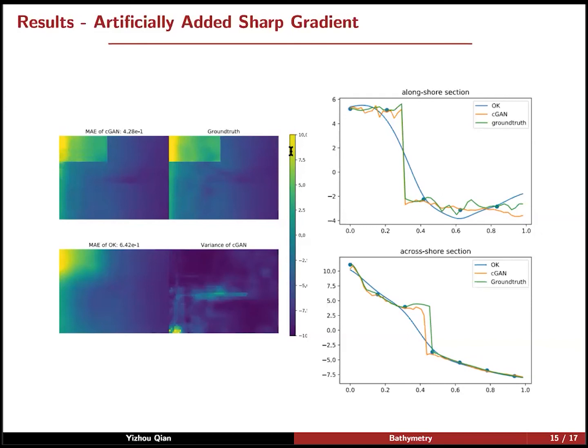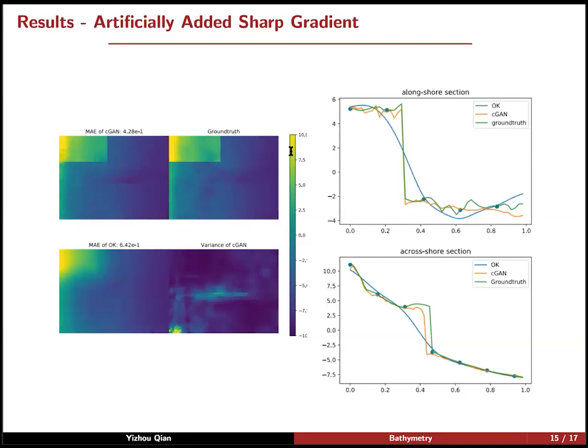Because the conditional GAN is trying to approximate the posterior distribution from our prior distribution, which consists of training samples with added sharp gradient component, it naturally is going to give us an approximation of the posterior distribution with very sharp boundaries, as shown here in the alongshore section.